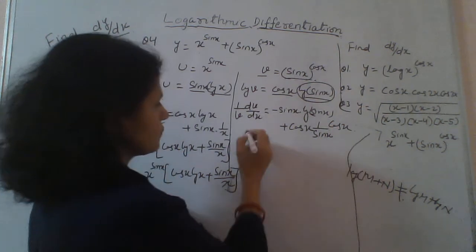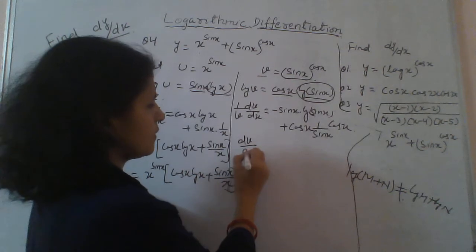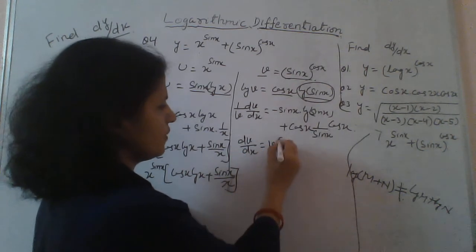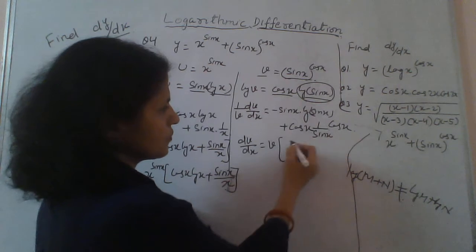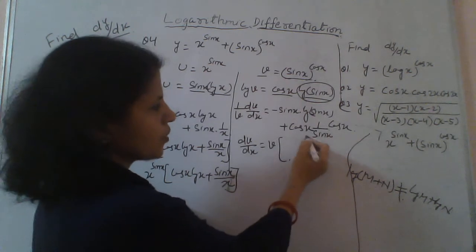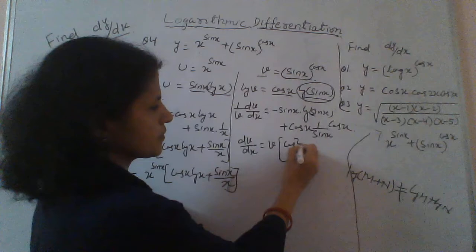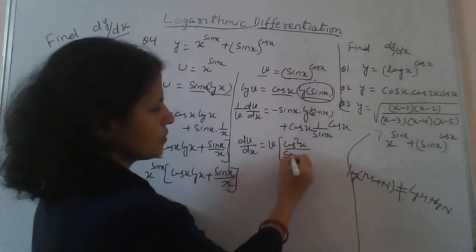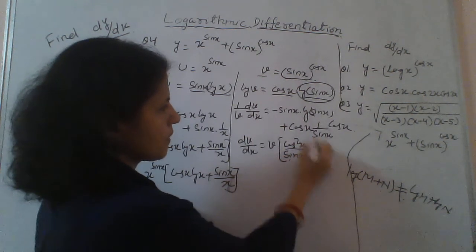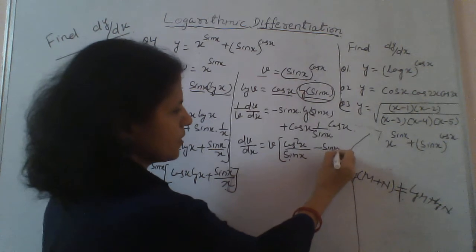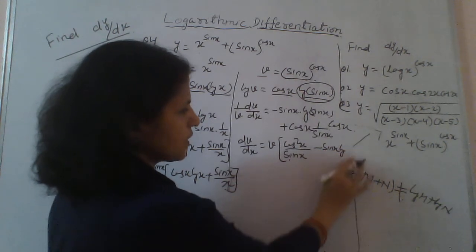Okay, so it means we are having dv by dx equal to v into, this is your cos square x by sin x minus sin x log sin x.